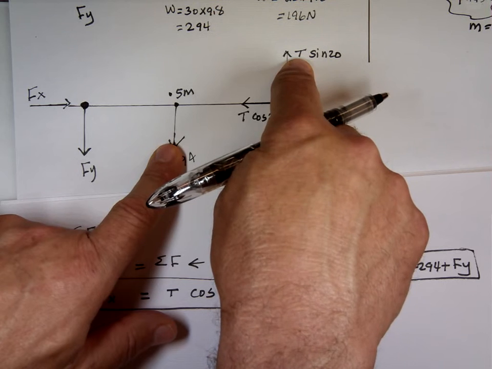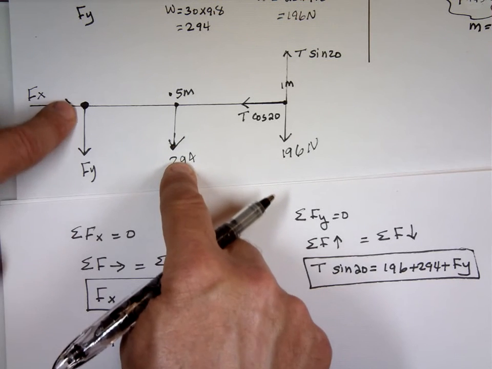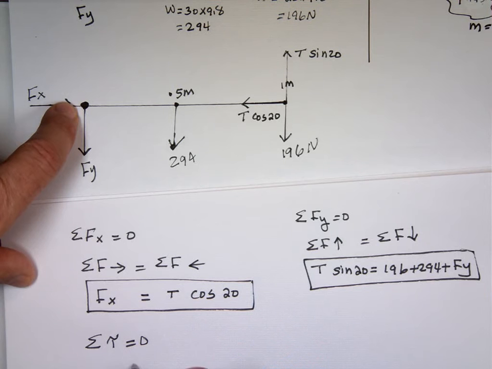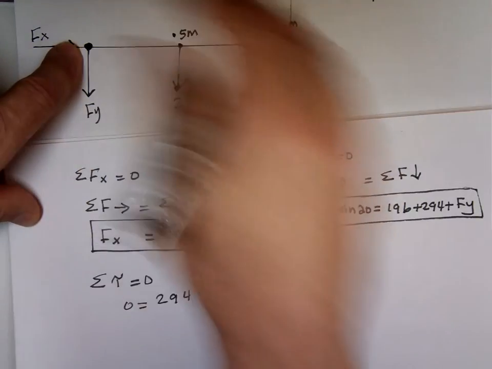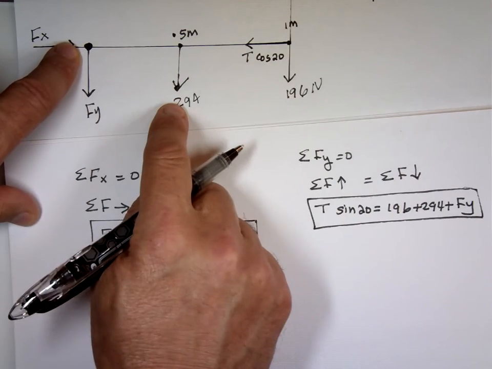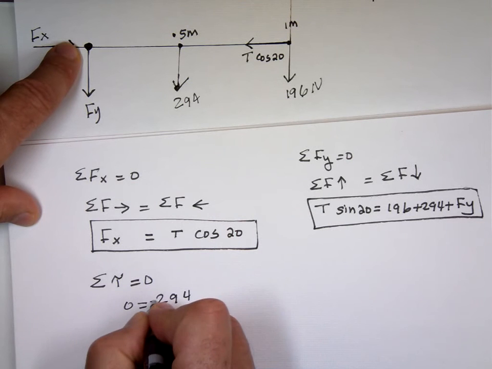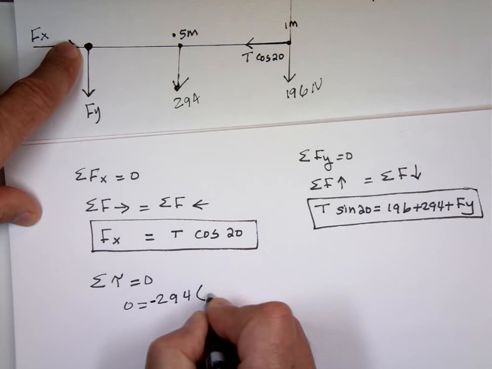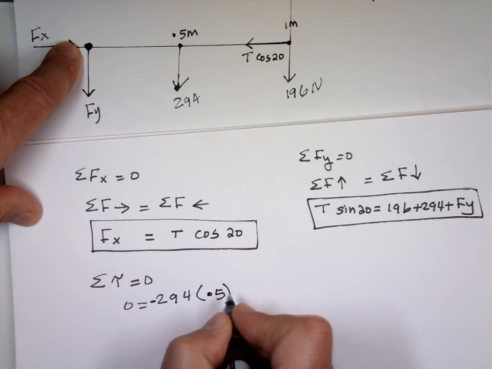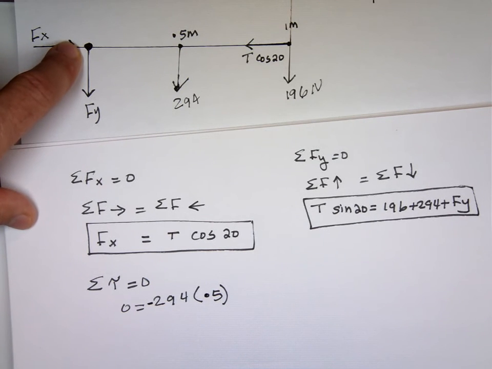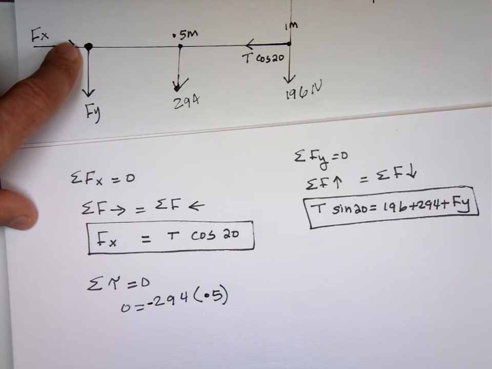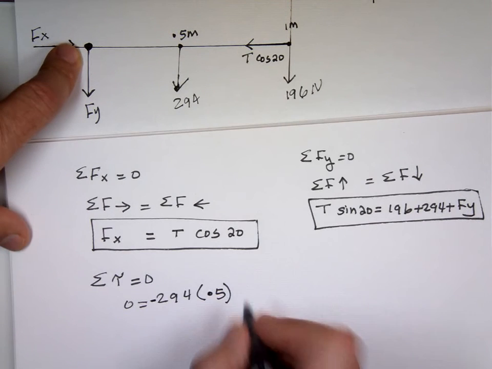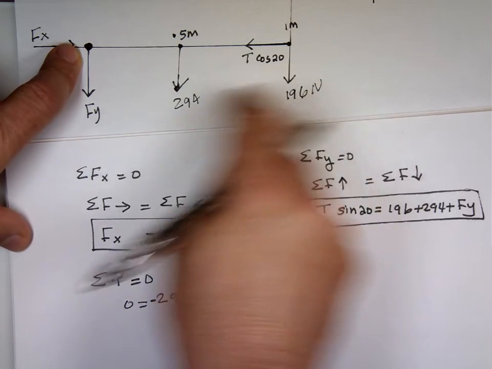Let's begin with this one, the 294. And that's going to make it spin which way, clockwise or counterclockwise? That's a negative, right? 294 times 0.5. The 0.5 is half the distance because that's 1 meter long, the beam. This one, the 196, is going to make it spin which way, clockwise or counterclockwise?